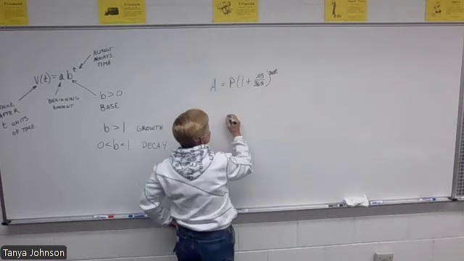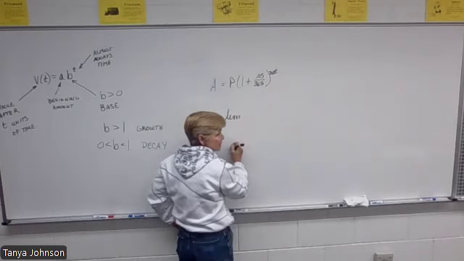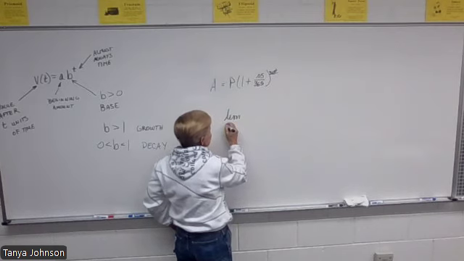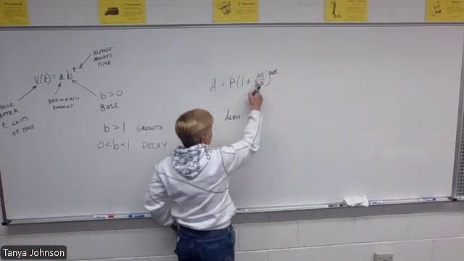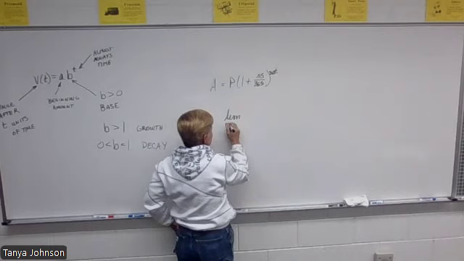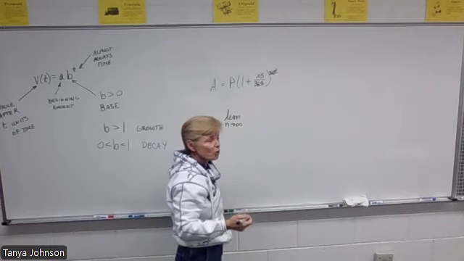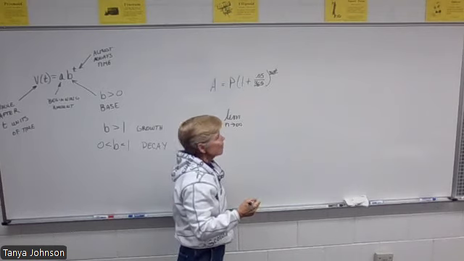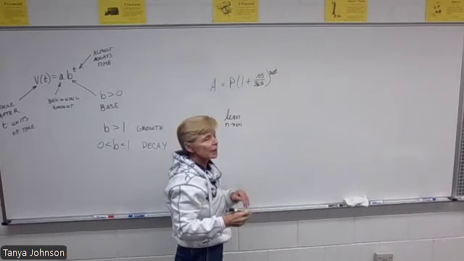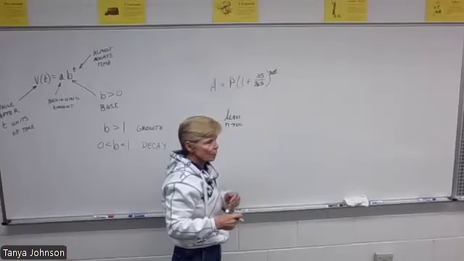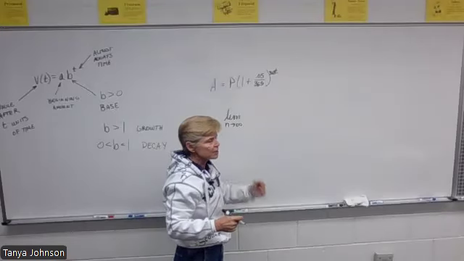If you let the limit, you've seen limits before, as n, this is the n value here, as n goes to infinity. In other words, you're going to compound more and more and more often. Maybe we go from years to compounding every hour. Maybe every minute. Maybe every second.